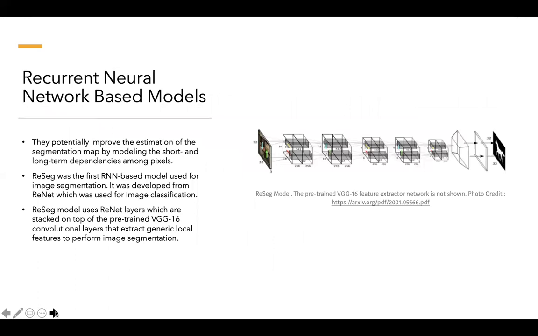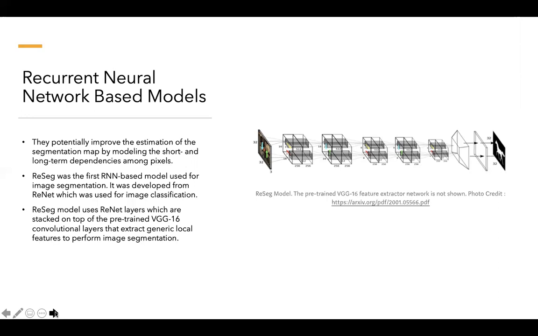Then come the recurrent neural network based models. They potentially improve the estimation of the segmentation map by modeling the short and long term dependencies among pixels. In this category, ReSeg was the first RNN based model which was used for image segmentation, and it was developed from ReNet, which was used for image classification.